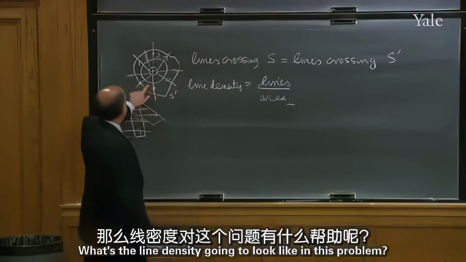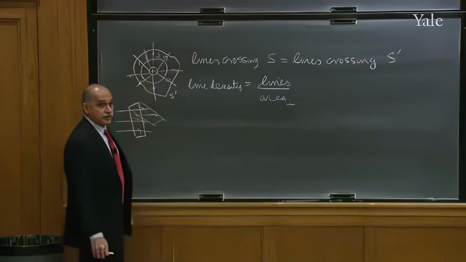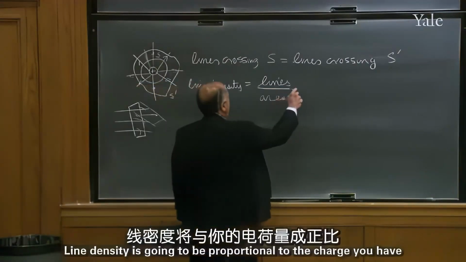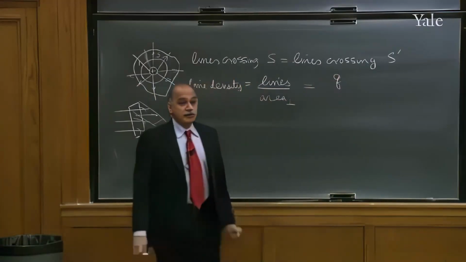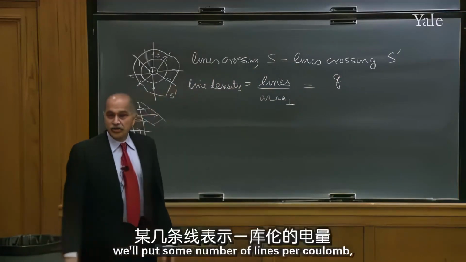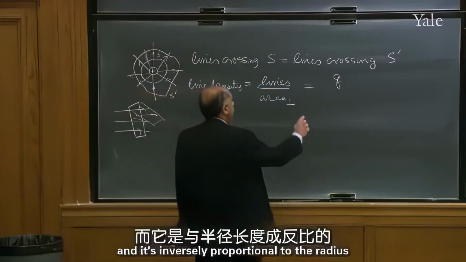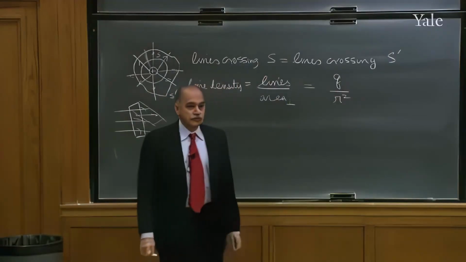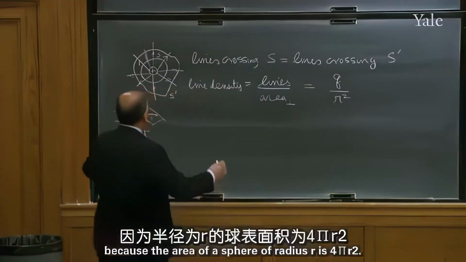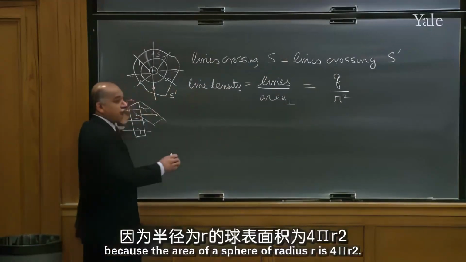What's the line density going to look like in this problem? Line density is going to be proportional to the charge you have, because we agreed we will put some number of lines per coulomb, and it's inversely proportional to the radius squared, because the area of a sphere of radius r is 4 pi r squared.